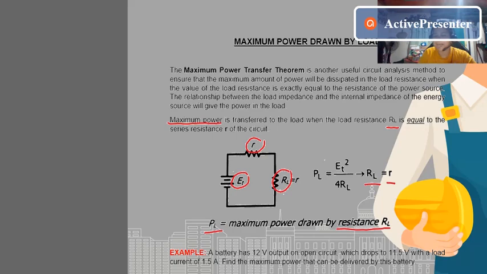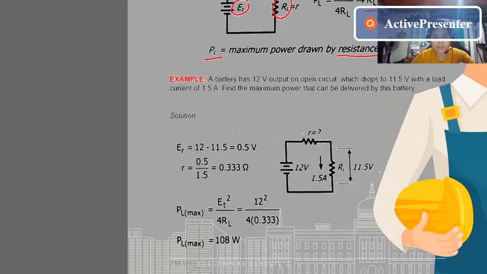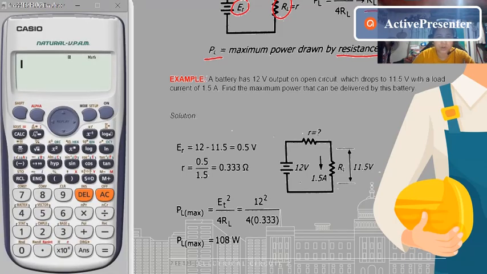If we apply it to an example, let's apply it to example number 1. A battery has 12 volts output on open circuit, which drops to 11.5 volts with a load current of 1.5 amperes.